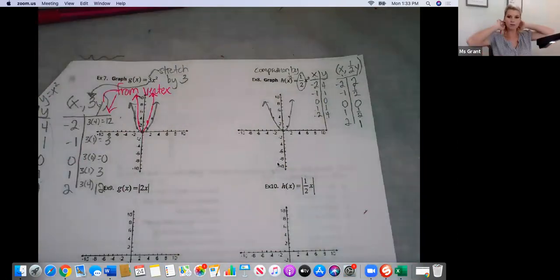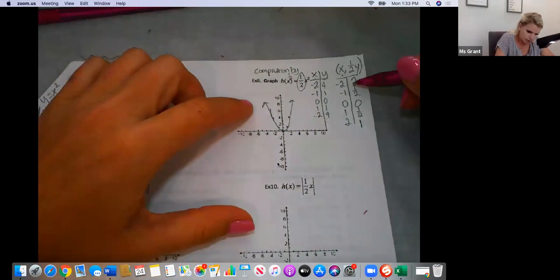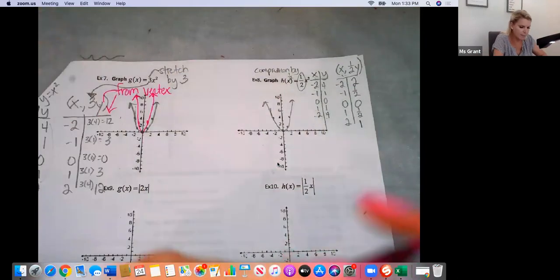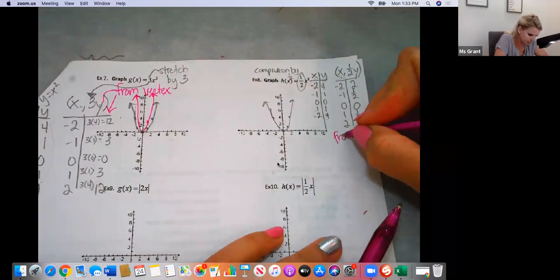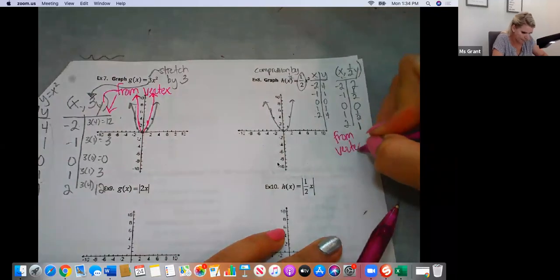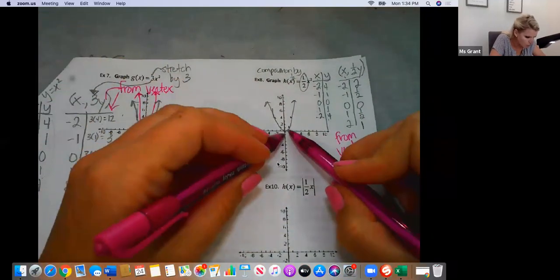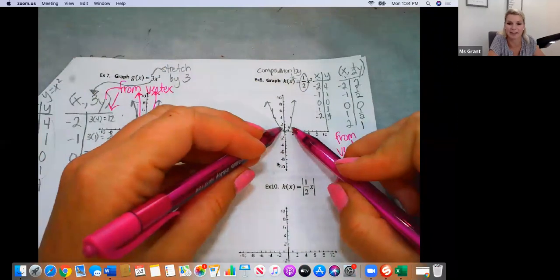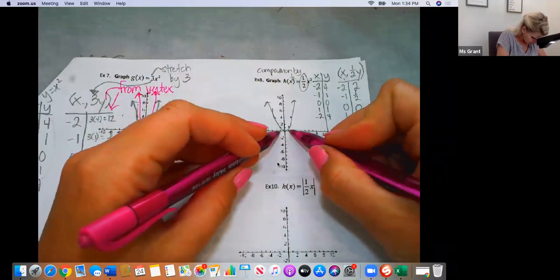All right, let's graph our new 1/2 altered. From 0, 0, from the vertex, I'm going to go over 1, up just a half. Over 1, just up a half.